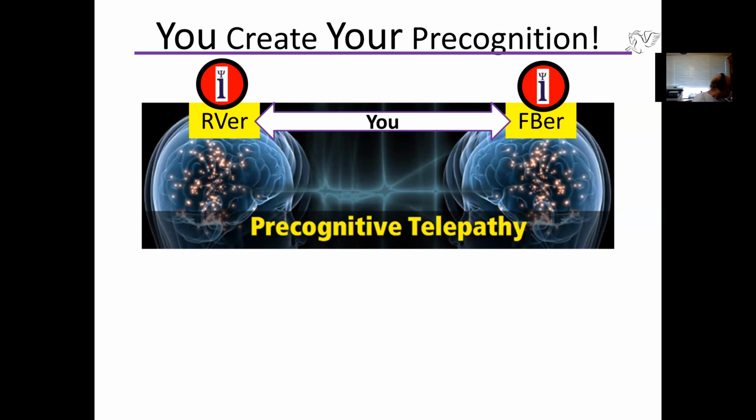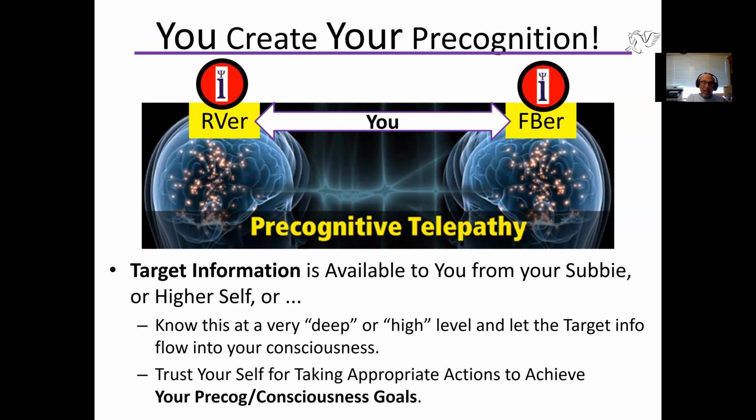It really is precognitive telepathy, but it's really all about you and you learning how to listen and report and entangle with your subconscious mind. It happens to be 2 different times in linear time, but the information is out there.